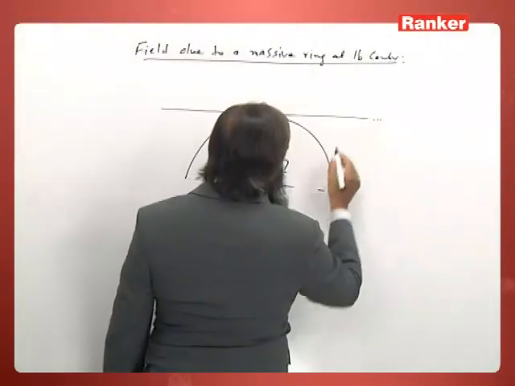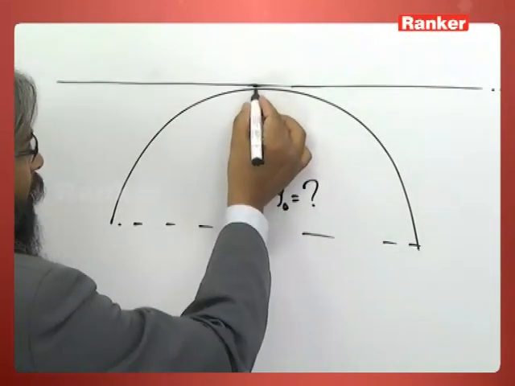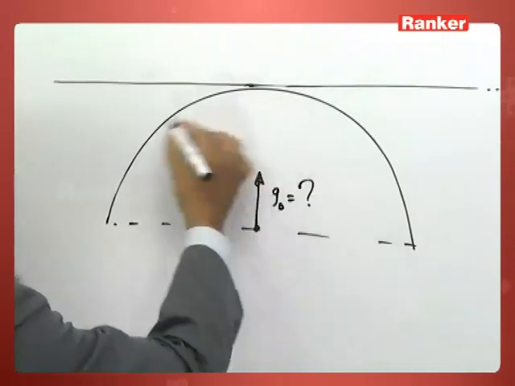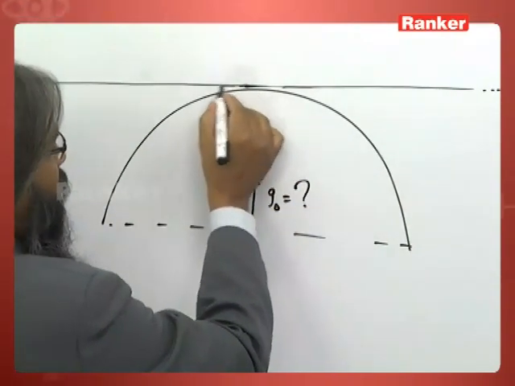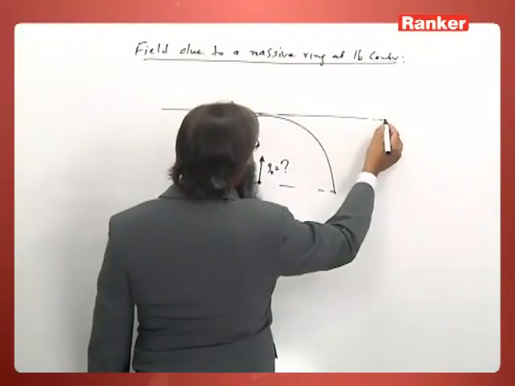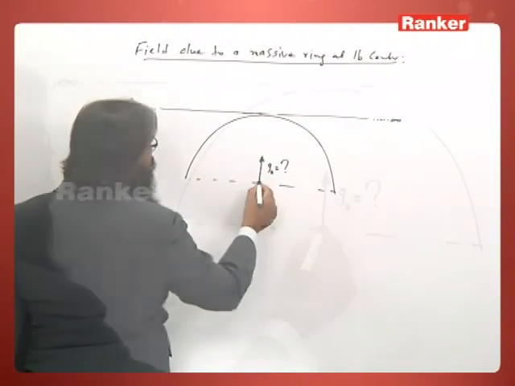so that this arc up to 180 degrees, this total arc, that is a semi ring, subtends the same angle which this tangent extending to infinity subtends at the center.